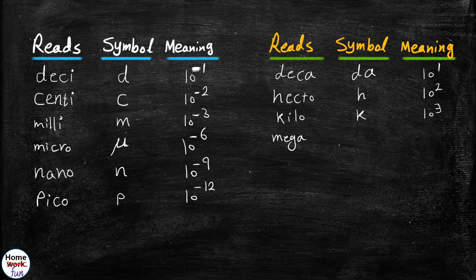Mega. This you must have heard of when you deal with digital files, like 1 megabyte, 2 megabytes. So mega has uppercase M. That's the symbol. So here, we are case sensitive. We have lowercase m, that's milli. We have uppercase M, that's mega. And I'm going to put it here at the center.